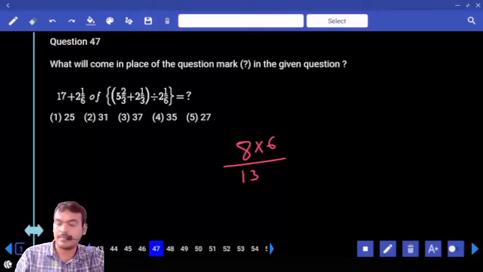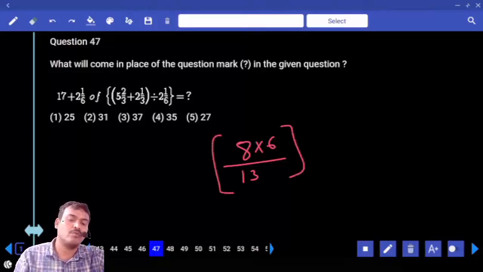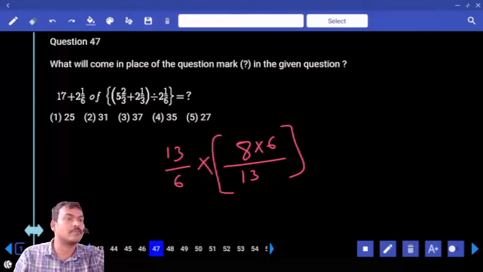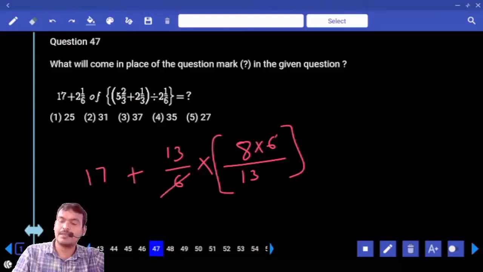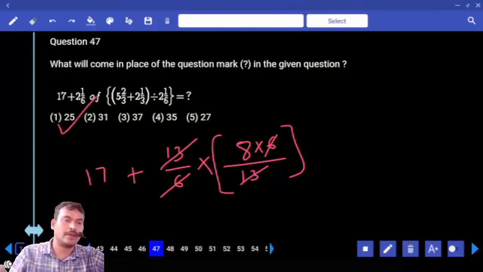Into 6. It is only the bracket value, or not? But before the bracket, 2 1 by 6, or not? 2 1 by 6 means 13 by 6 into, or not? Plus how much value? 17. 6 gets cancelled, or not? 13 also cancels, or not? 17 plus 8, 25.